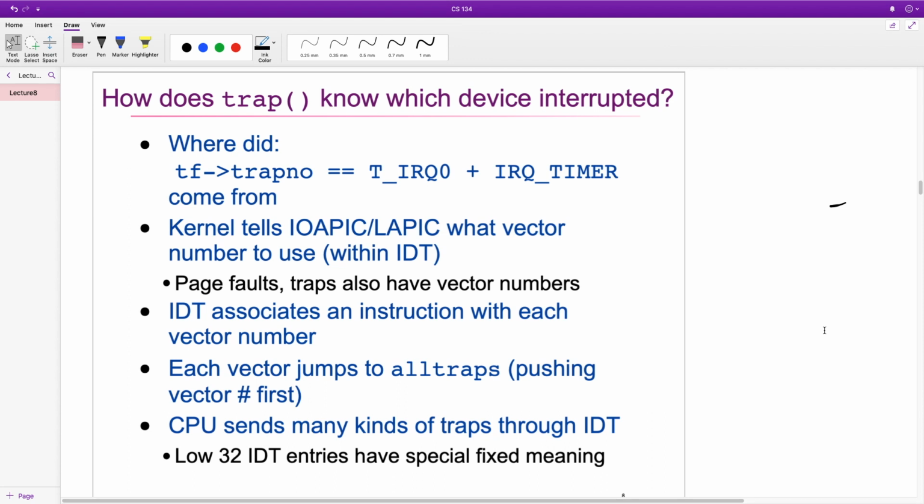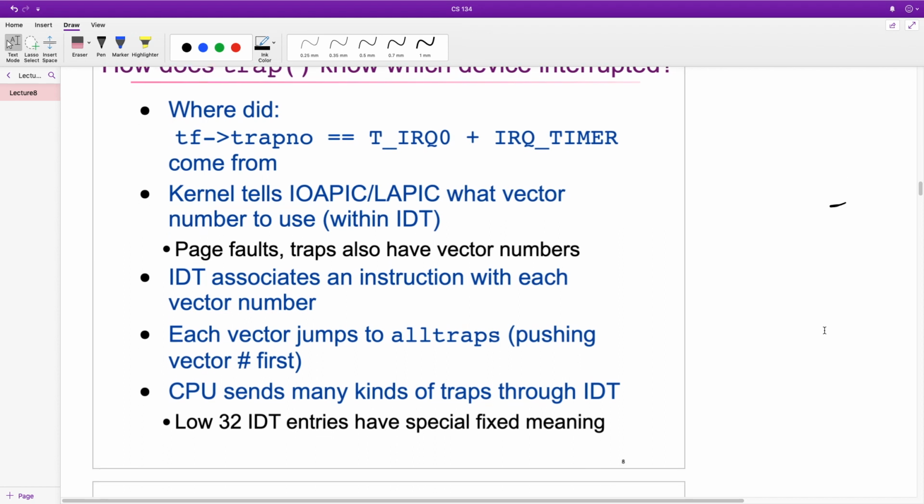For us, in XV6, we jump to all traps. It's more convenient to have a single routine than 30 separate routines. And so we need to push the vector number first, which is basically the trap number. We've seen this with system calls.